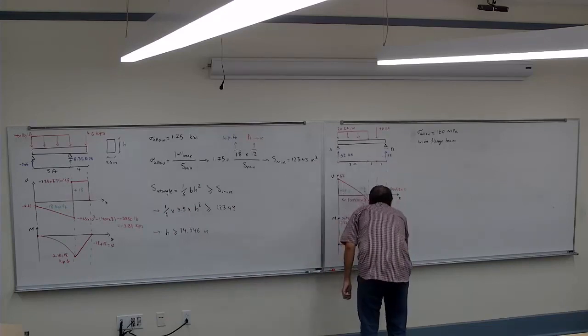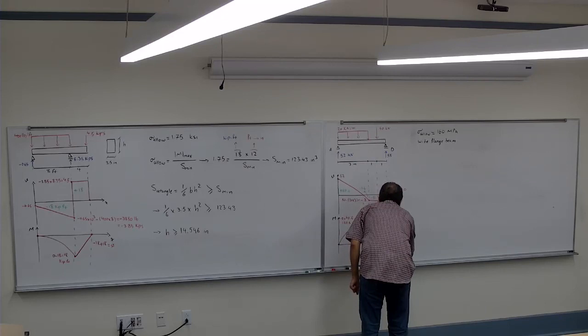And then here is 66 minus 8, which is 58. And here is 58 minus 58, would be 0.